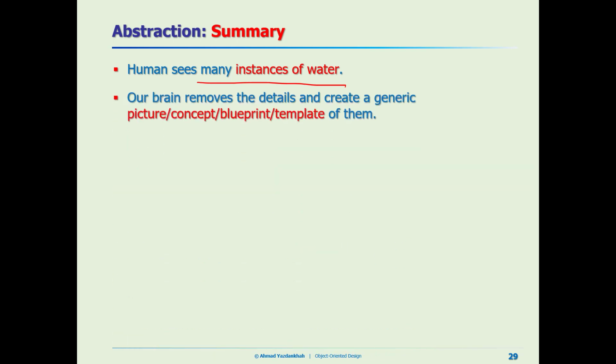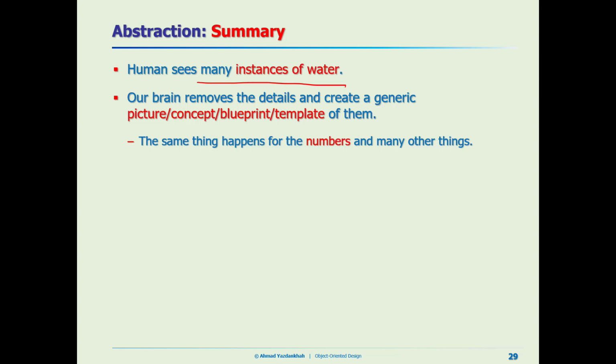Let's summarize our knowledge. A human, which is us, sees many instances of water, and the brain tries to remove all of the details and create a generic picture of that, right? The same thing happens for many, many things, and in our brain and memory we have a lot of concepts.